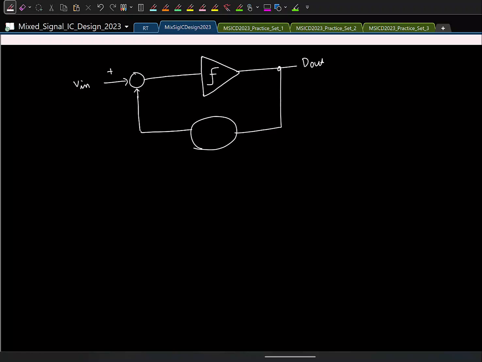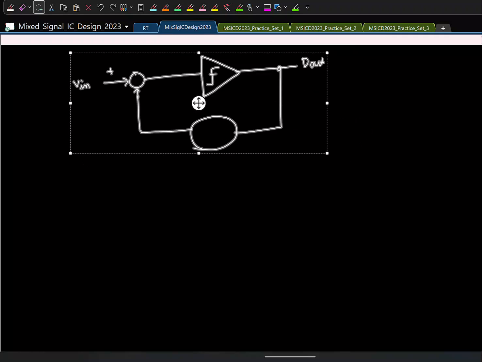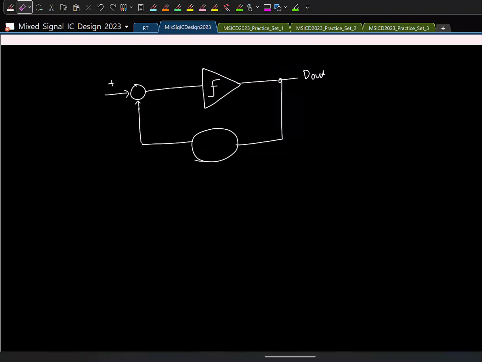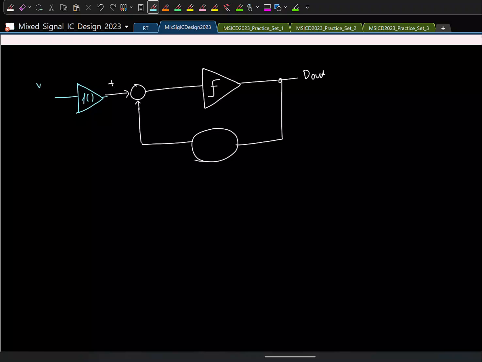This is how the SAR ADC operates. Now the issue is, I cannot feed the input directly, I need to have a buffer. The buffer is non-linear, so if this is V in, the actual signal fed here is a non-linear function of V in. So my feedback signal will track the non-linearity, and the output is non-linear.